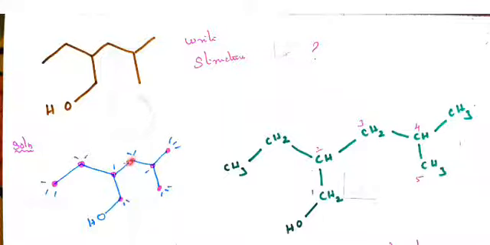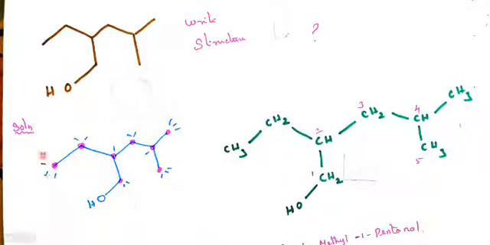For this carbon 2 bonds, so 2 hydrogens. This carbon linked by 3 bonds, 4 minus 3, 1 hydrogen. For this carbon only 1 bond linked, so 4 minus 1, 3 hydrogens. Here 1 carbon and 1 bond, 3 hydrogens.